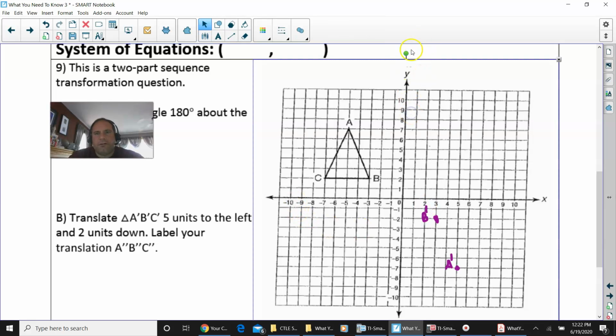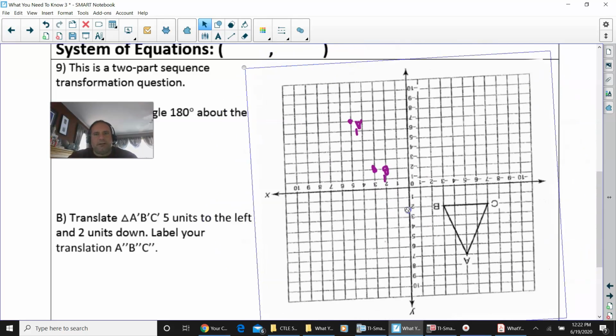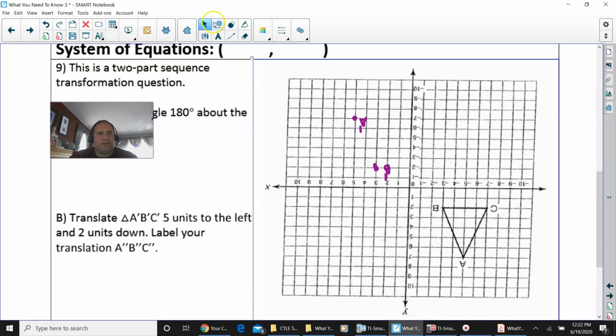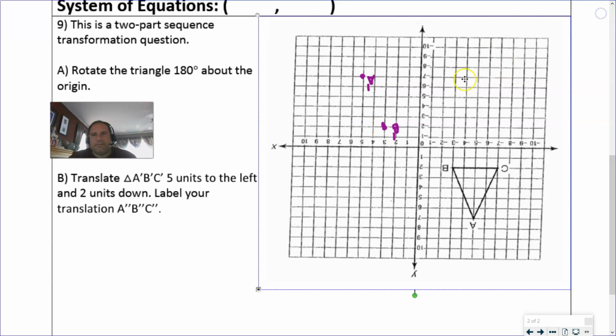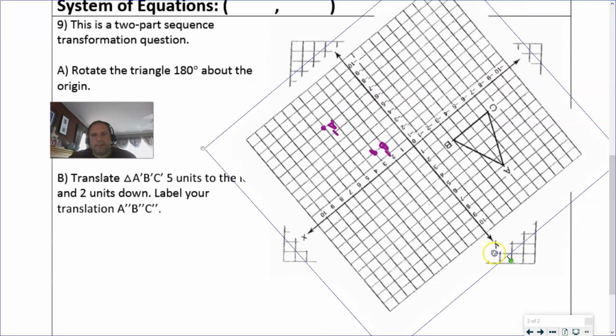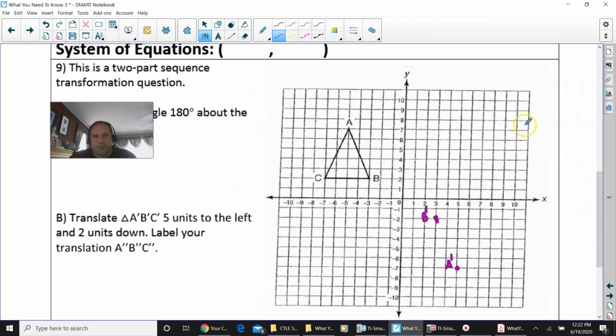And one more, which is C, thank goodness, is 180 degrees. And C is 7 to the right and 2 down. Let me turn that right back around. 7 to the right and 2 down.